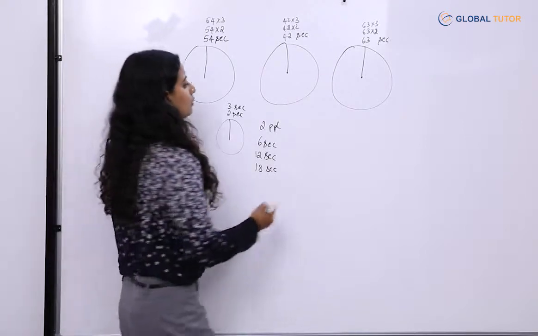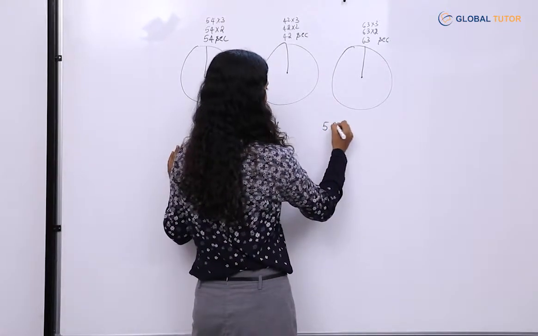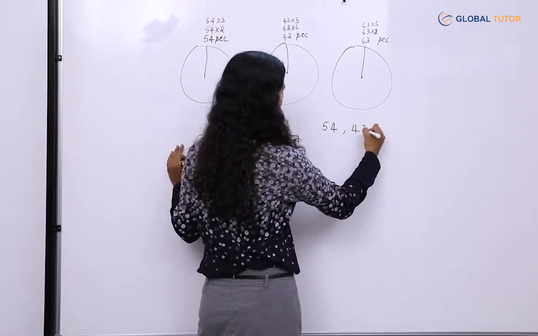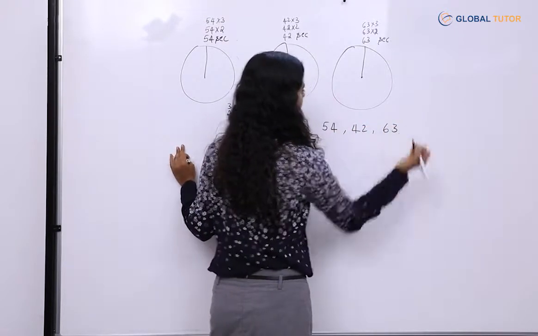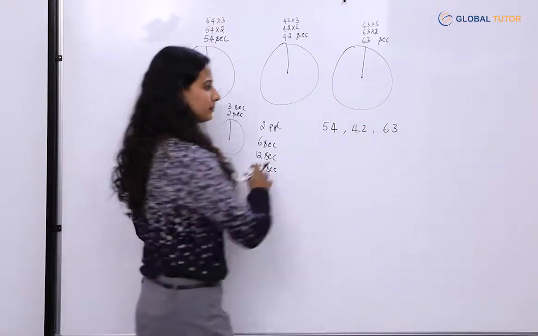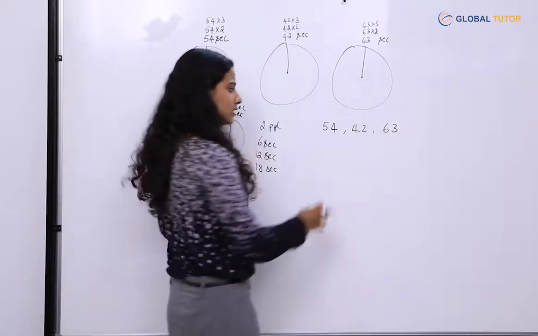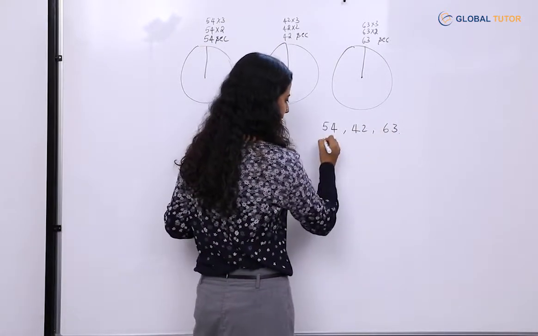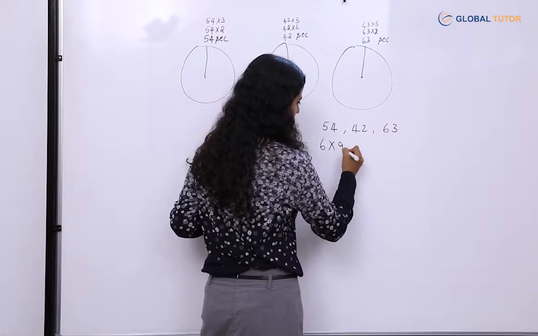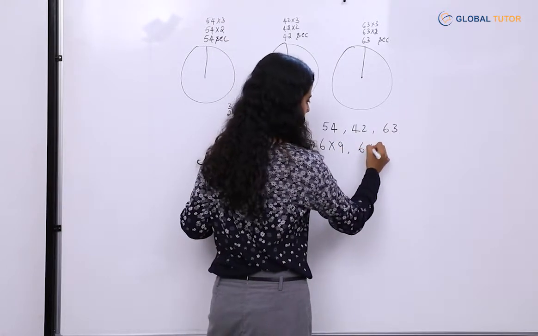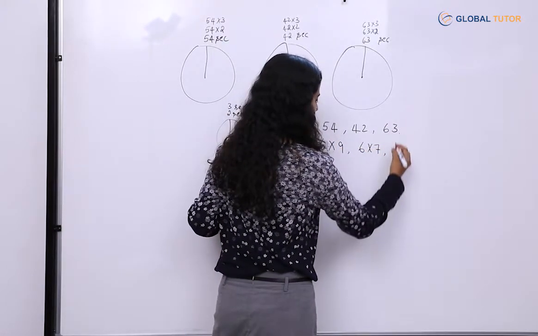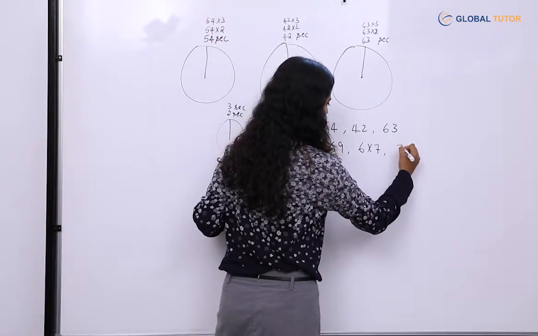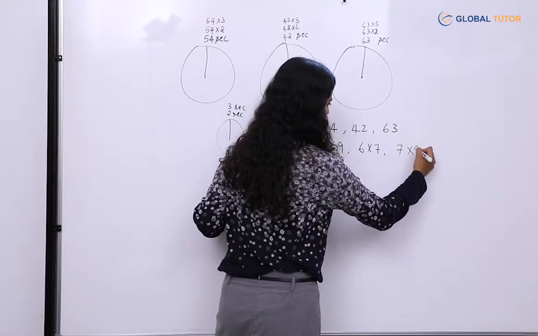So we have to find out the LCM of 54, 42 and 63. Now it's a big number, so let's simplify that. Let's write 54 as 6 into 9, 42 as 6 into 7 and 63 as 7 into 9.